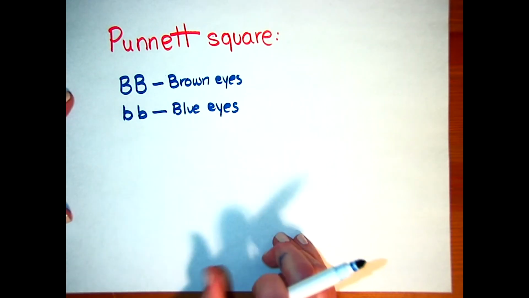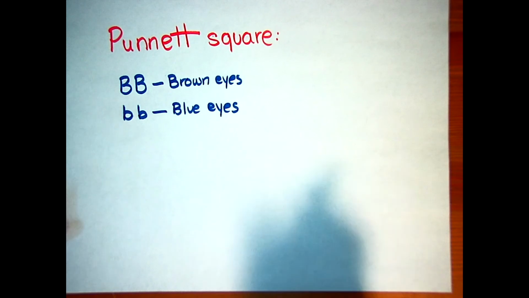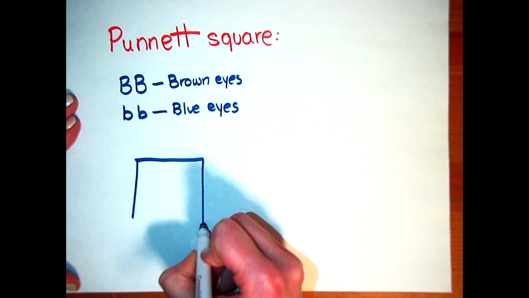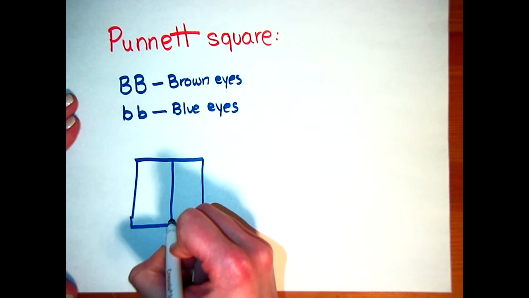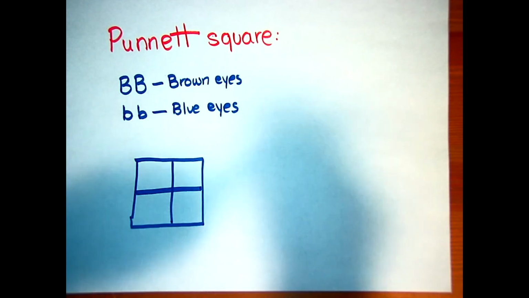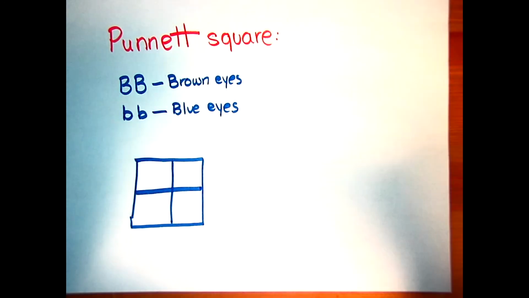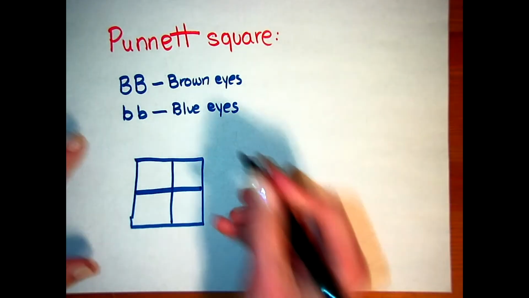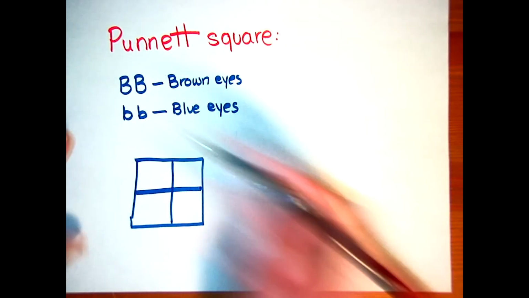So here's how we draw our Punnett square. It is literally a square. And we're going to do this. Now, next, we are going to put one parent's alleles across the top. So we'll say that this is mom, and we'll say this is dad.